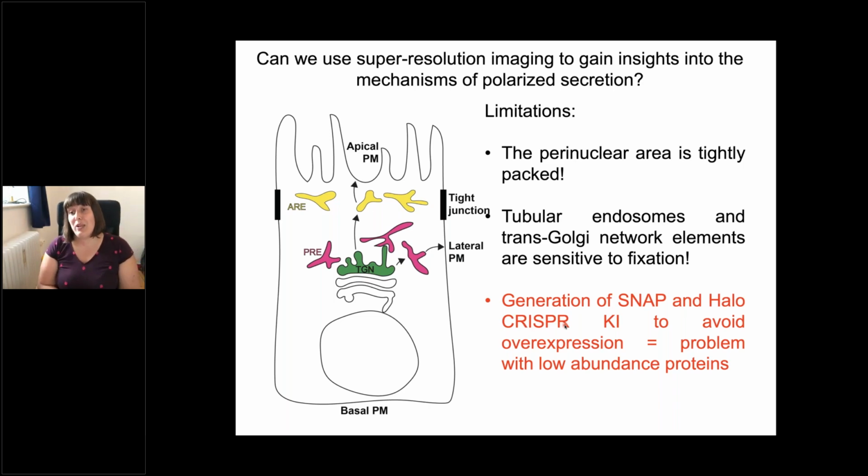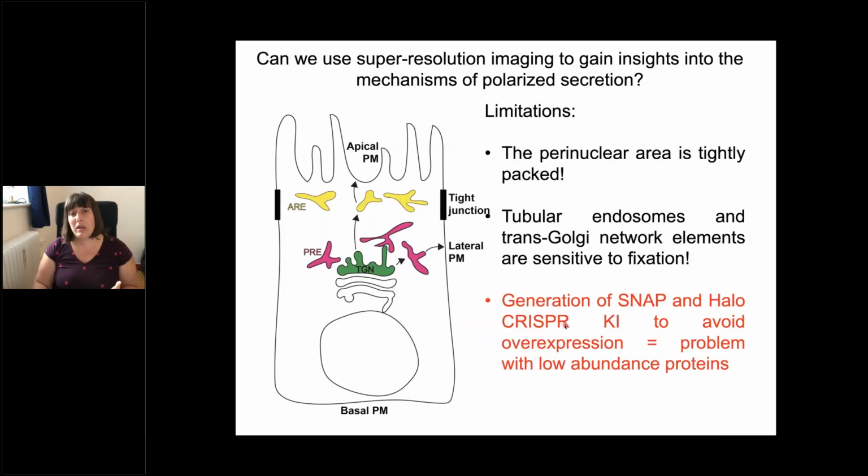But that also leads to some problems, which we will discuss: some of these endogenously tagged proteins are expressed at very low level. It is very hard if you want to perform dynamic imaging experiments.